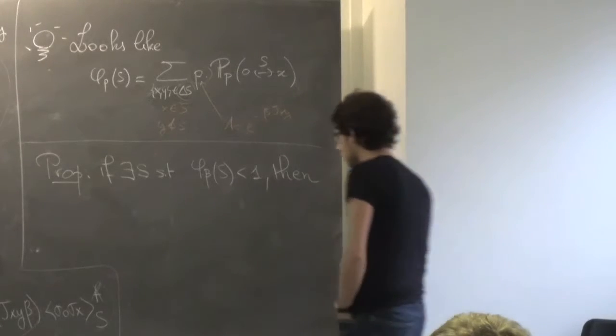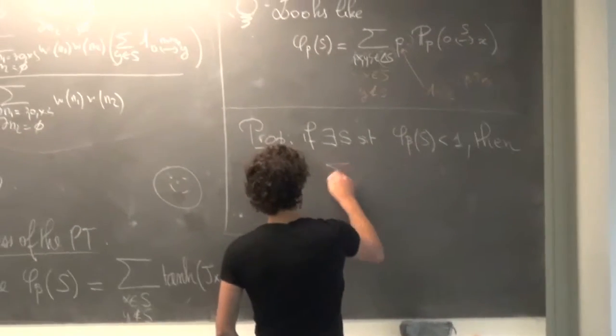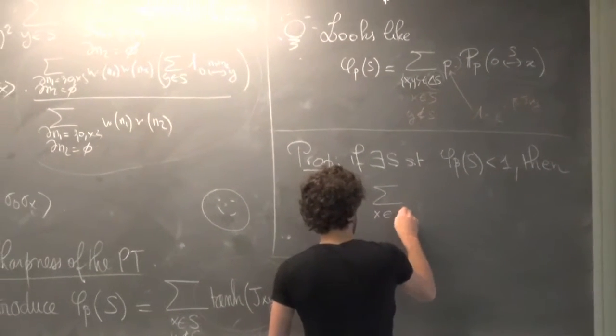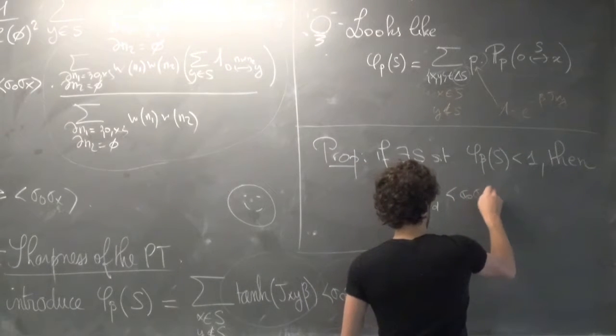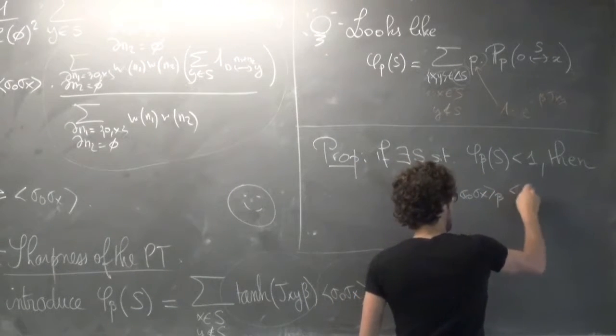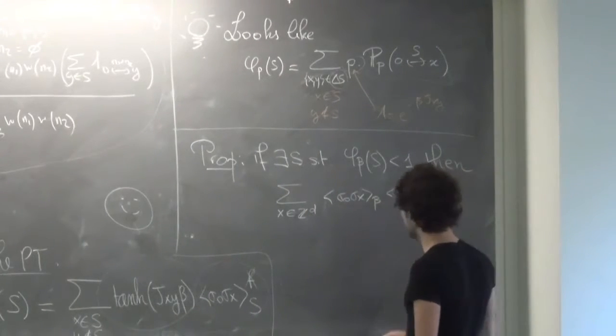So here, what you are going to prove is something a little bit weaker, which is that the sum for x in Z^d of <sigma_0 sigma_x>_beta is finite. It's what we call finite susceptibility.